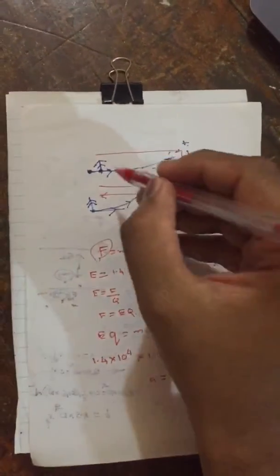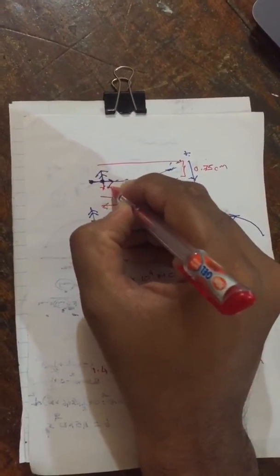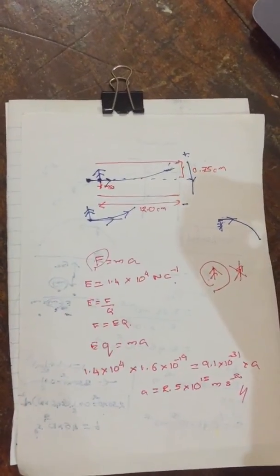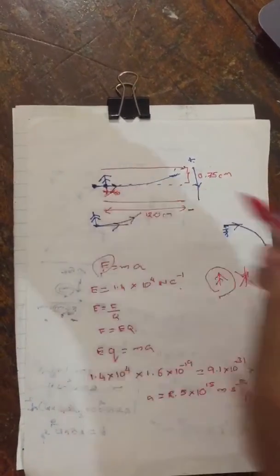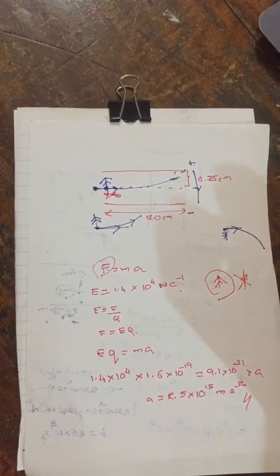Strictly speaking, there is going to be not just the electric force vertically upward, there will also be the gravitational force vertically downward, but we can ignore this. Okay, and why I ignored it?